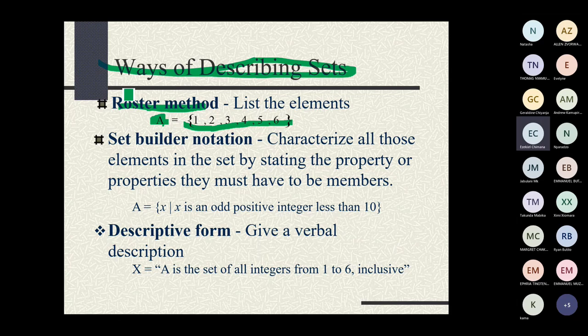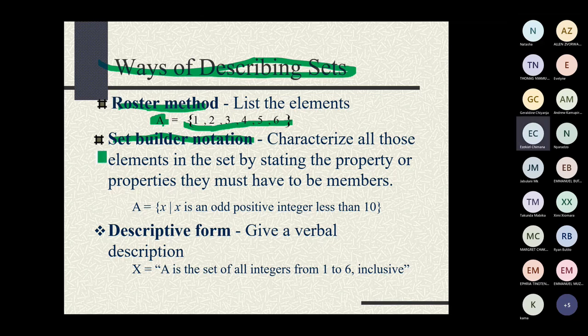There's also the set builder notation. Here there will be some words describing the characteristics of the objects of that set. It characterizes all the elements in the set by stating the property or properties they must have to be members. So you define those objects using their properties: what must they have so that they fall under this set?